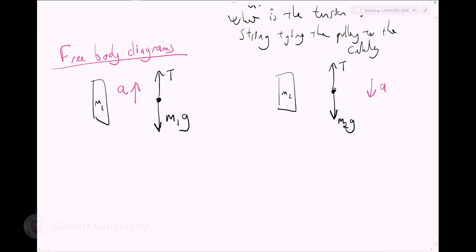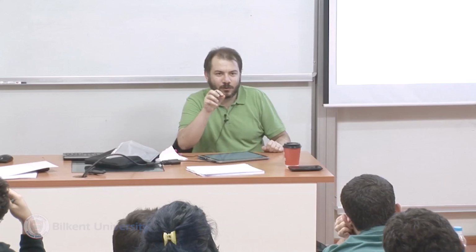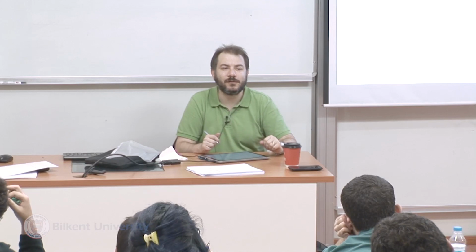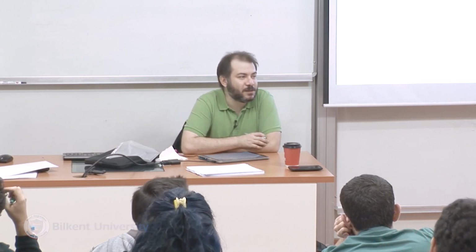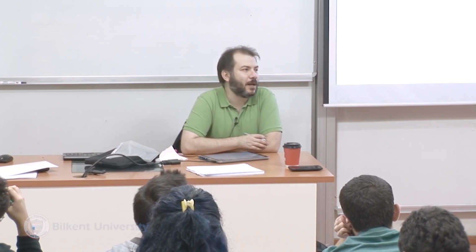How do you actually do this? You must supply an algorithm to your computer to solve this mechanics problem. This is the algorithm you supply. For each small piece in your mechanical system, you write Newton's equations separately. So drawing free body diagrams and solving Newton's second law in these diagrams is an algorithm to solve all kinds of mechanics problems. Okay? So we expect you to show these free body diagrams in all your solutions.